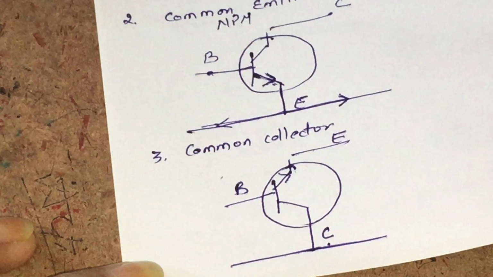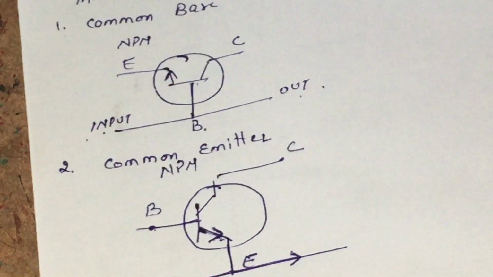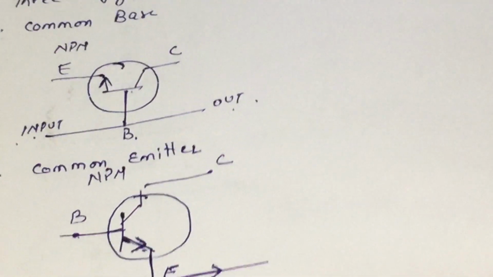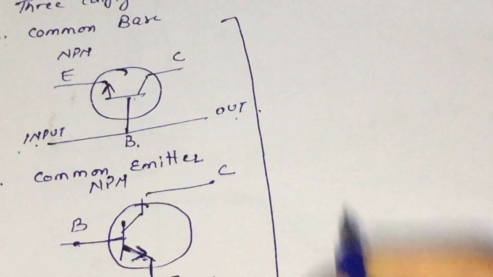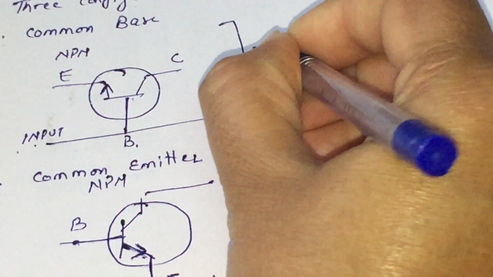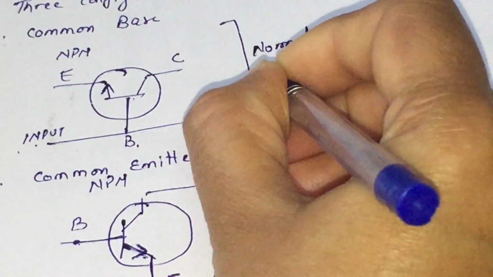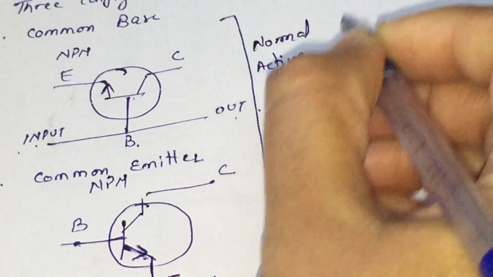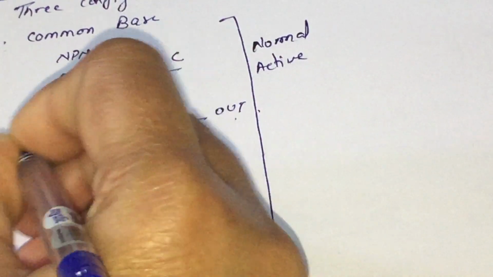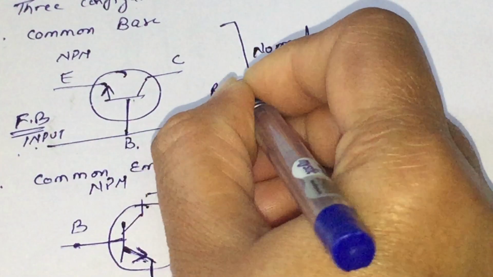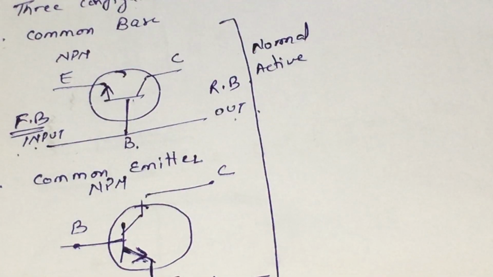In every type of configuration, we make the transistor work in the normal mode or in the active region, where the input side should always be forward biased and the output side should always be reverse biased.